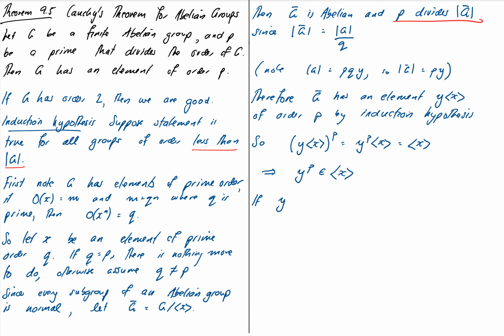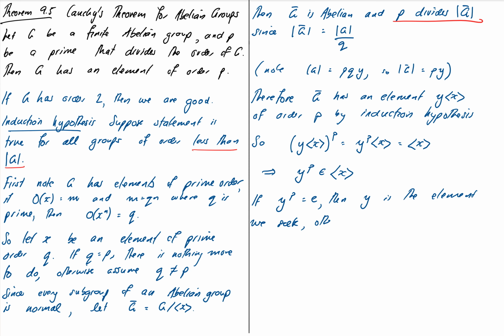If y to the P is the identity, which it might be, then y is the element of order P we seek. Remember, we're trying to establish that there is an element of order P in our group proper. If y to the P is the identity, then y is the element we're after.